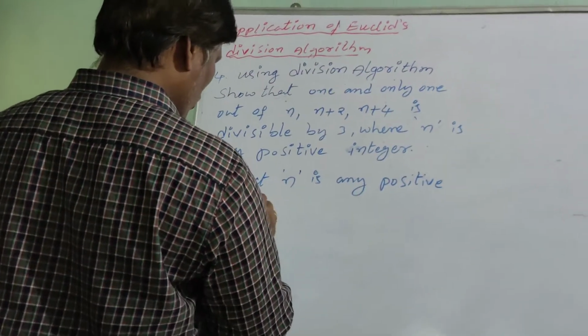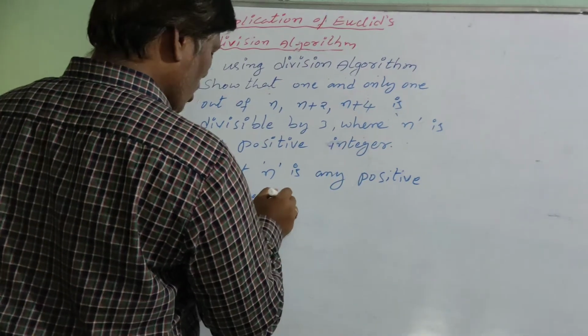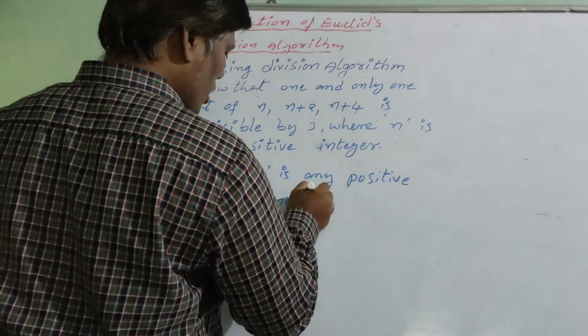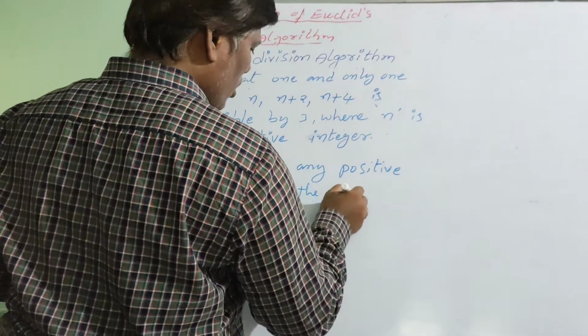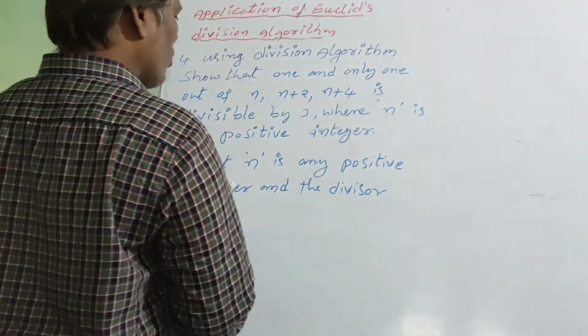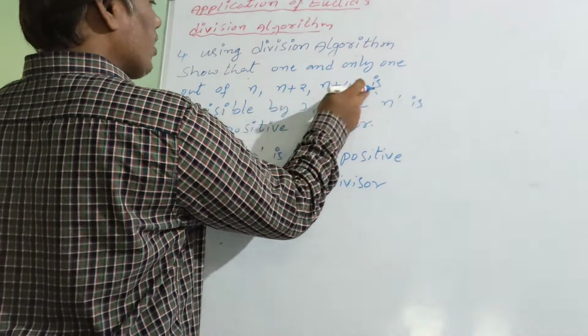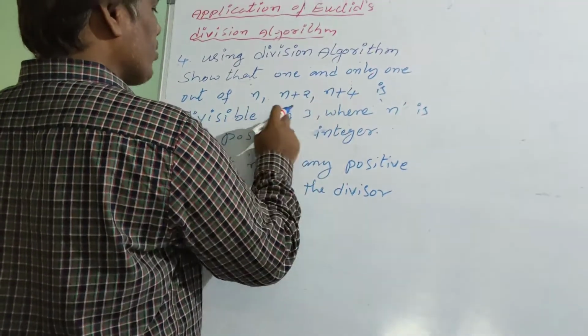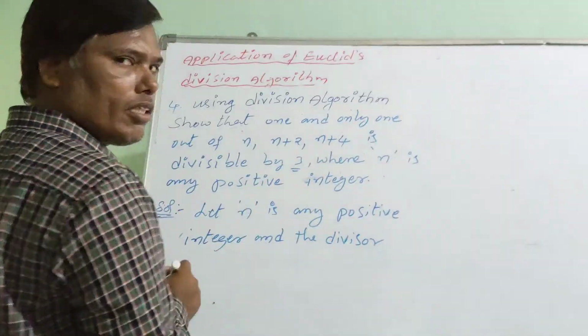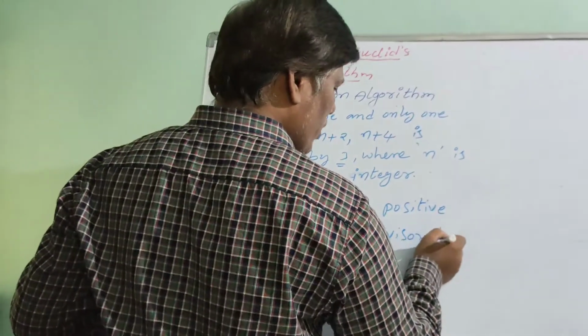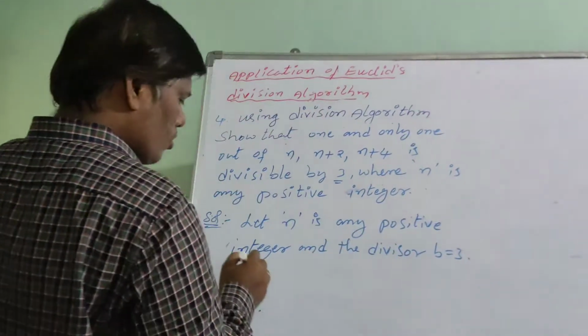Let n be any positive integer, and the divisor, they have given the divisor. We have to verify whether one of these is divisible by 3 or not. So divisible by 3 means the divisor b is 3.